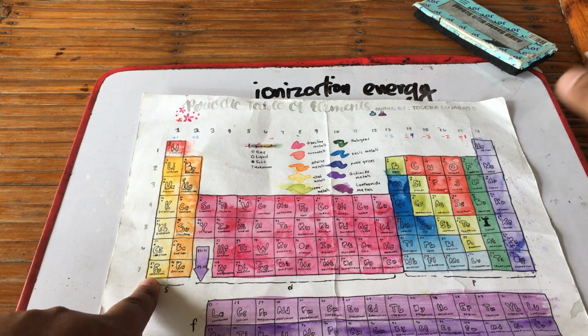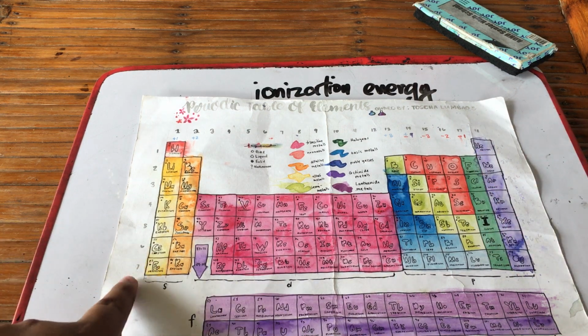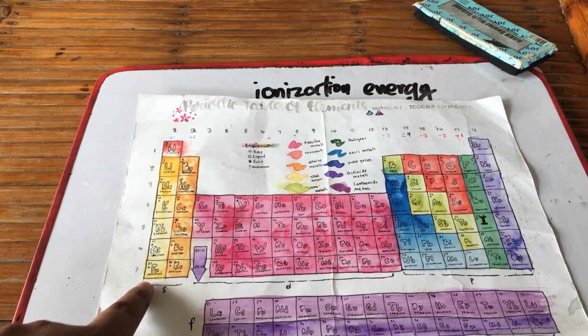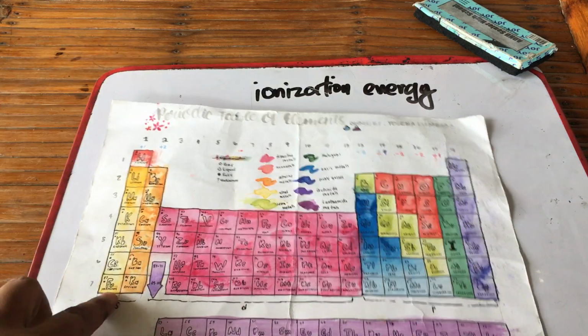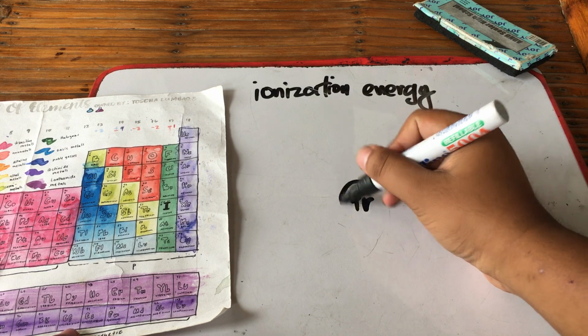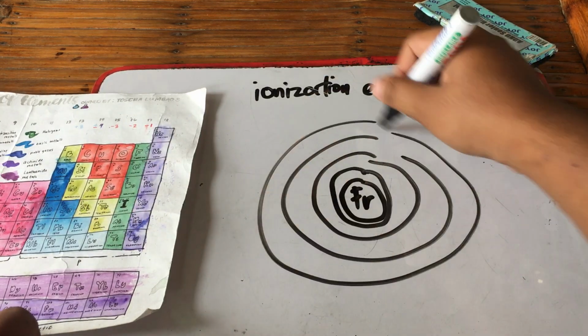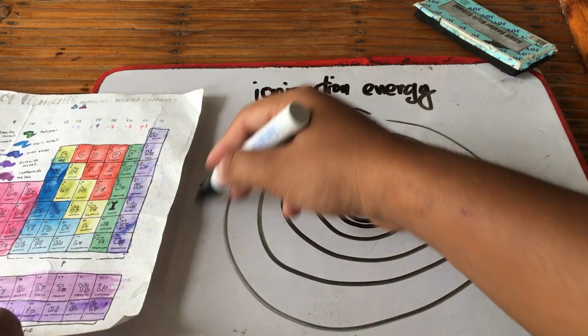Francium or helium? If you answered francium, you are actually correct because francium has 7 shells. So Fr, let's count 1, 2, 3, 4, 5, 6, 7.